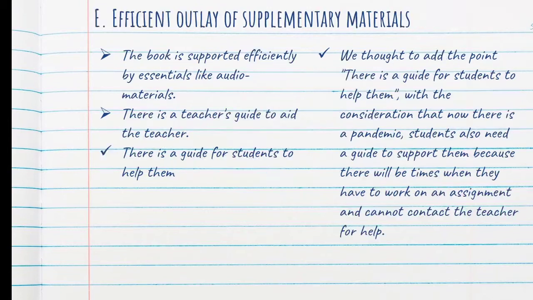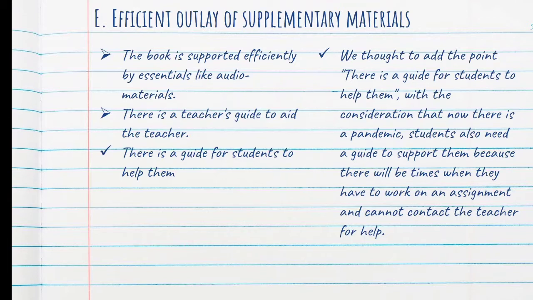For the next two parts will be explained by me, Aprilia Ristanti. In part A, efficient outlay of supplementary material, there are 2 points here. The book is supported efficiently by essentials like audio material, and there is a teacher's guide to aid the teacher. For this part, we decide to add 1 point.